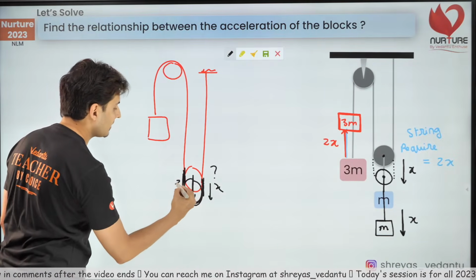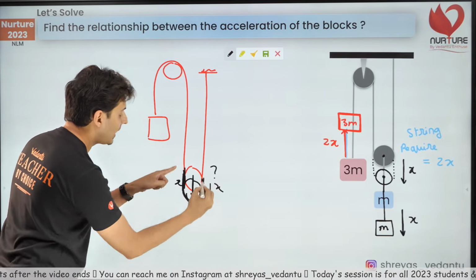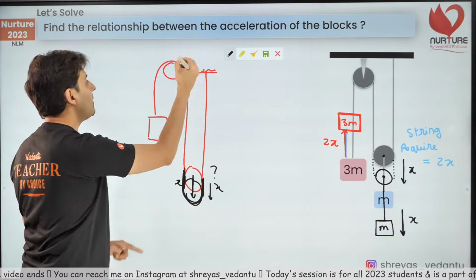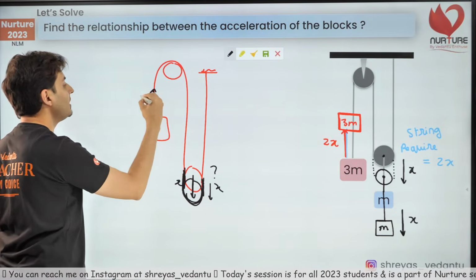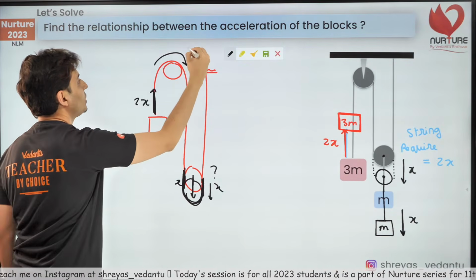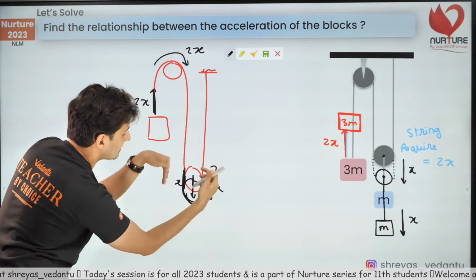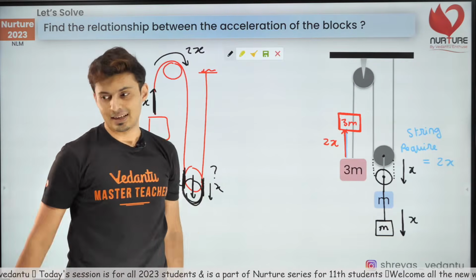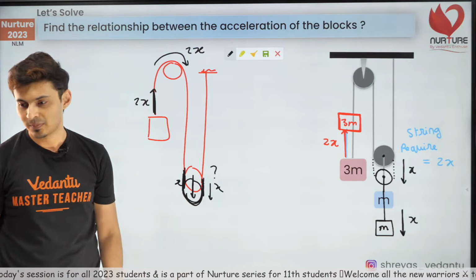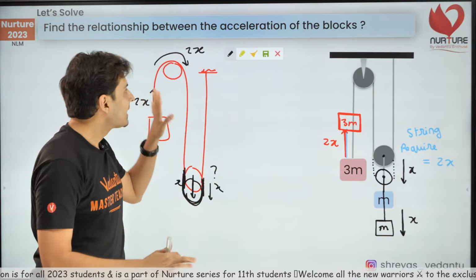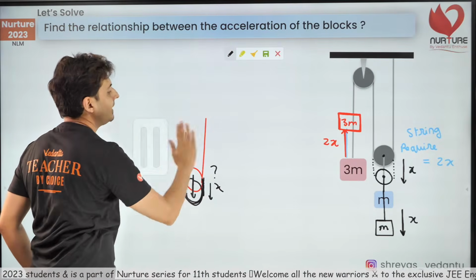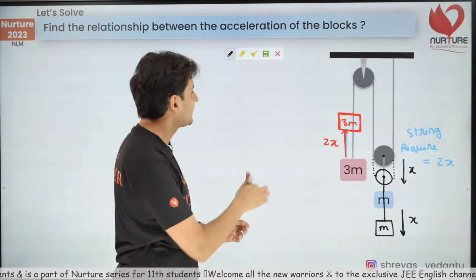You need x string here, x string here. So those 2x are going to be demanded from here. So this needs to move up by 2x. That 2x is going to flow and get distributed: x here, x here. So that comes down by x. That's what happens.